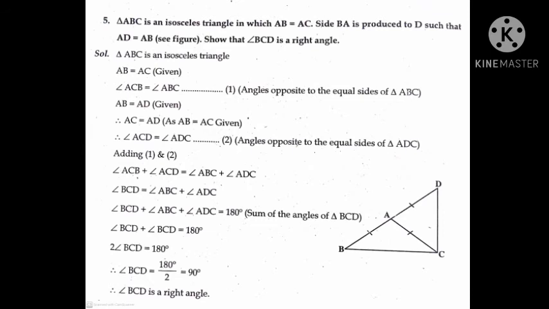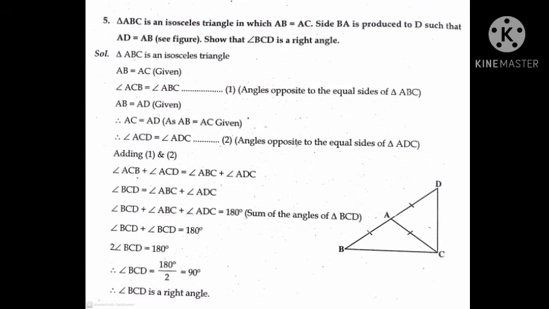Next step, angle BCD plus angle ABC plus angle ADC is equal to 180 degrees, since angle sum property of triangle BCD. Angle BCD plus, instead of angle ABC plus angle ADC, we can write angle BCD, that is equal to 180 degrees.